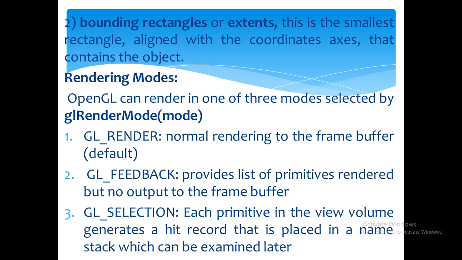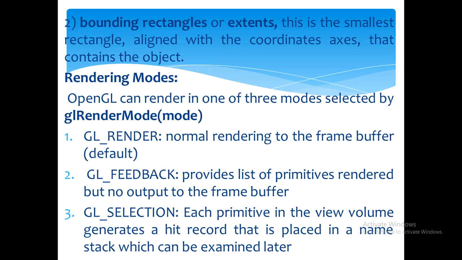Then you examine those later, step by step. You go to the name stack. The name stack is again a stack; it stores all the information like a stack, as you have studied: first come, last out. In that order you start examining. Your hit records will be in the name stack.